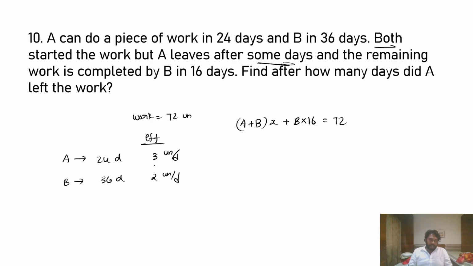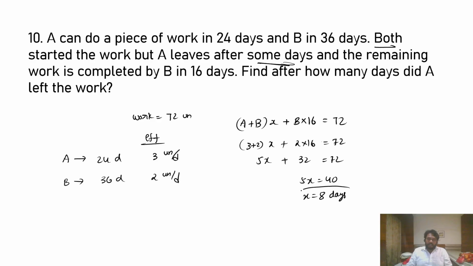A and B combined do 3 plus 2, for X days, plus B alone 2 units per day into 16 equals 72. So 5x plus 32 equals 72. So 5x would be 72 minus 32, which is 40. And 40 by 5 would be 8 days.